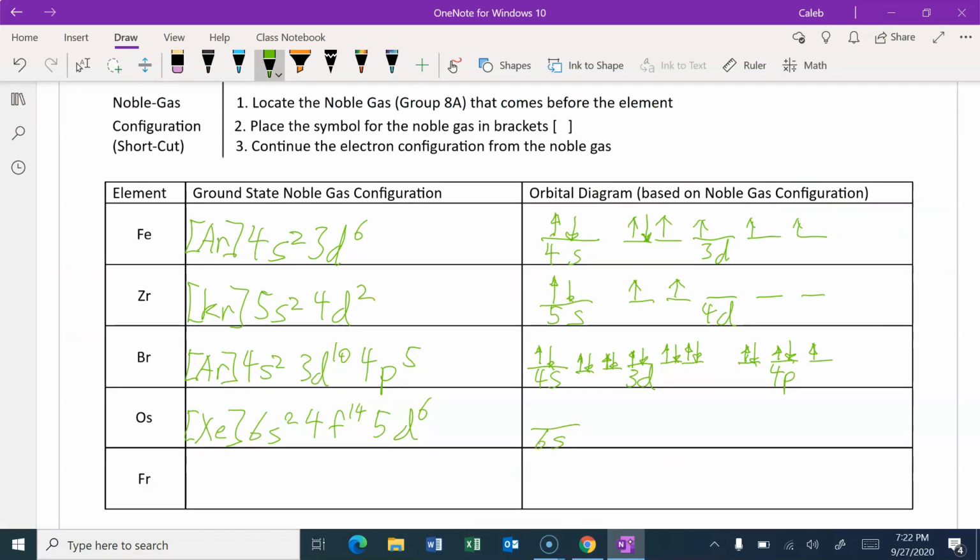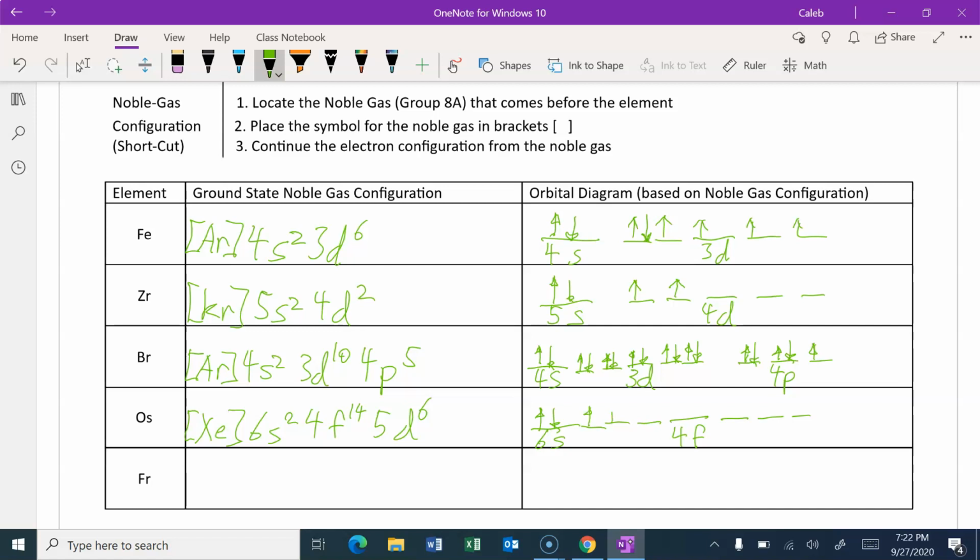6s, up, down, and then 4f. Now this, we've got to draw 7 orbitals. So 1, 2, 3, 4, 5, 6, 7. And we're going to draw 14 electrons.